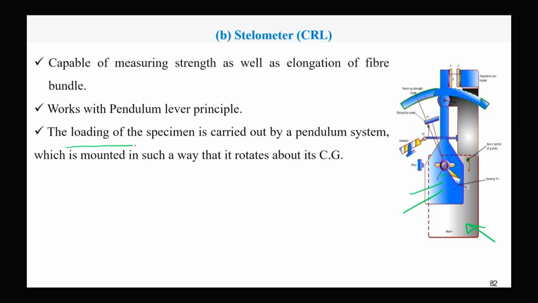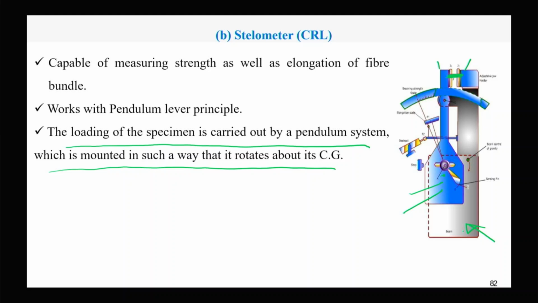The loading of the specimen is carried out by a pendulum system which is mounted in such a way that it rotates about its center of gravity. Now, here you have two jaws, jaw 1 and jaw 2, and the specimen is fixed on these jaws.